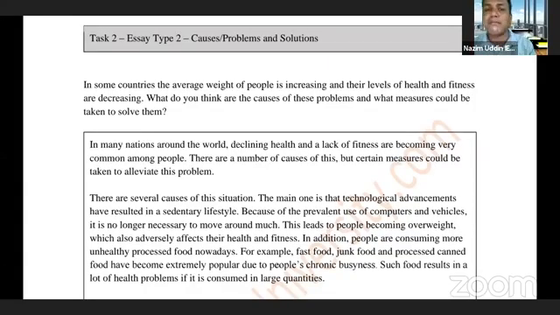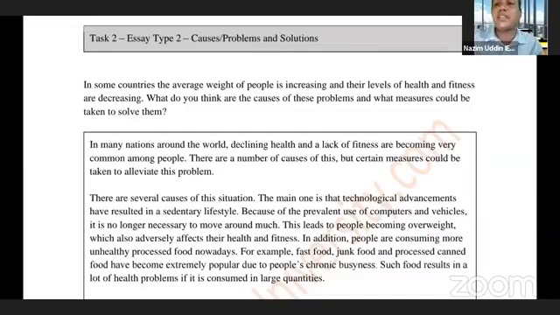If you find some sort of problem in task 2 of your real test, you have to understand this. They require you to give the causes of the problem, and you have to write the solutions. Before writing task 2, we have to note down some points. What are the causes? You have to spend some time to note down some causes.